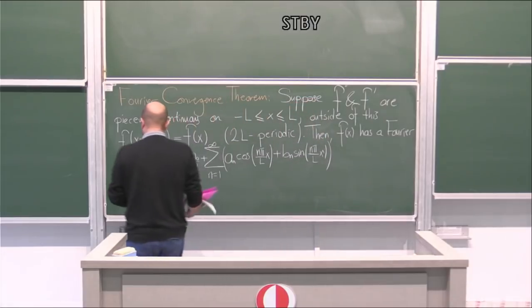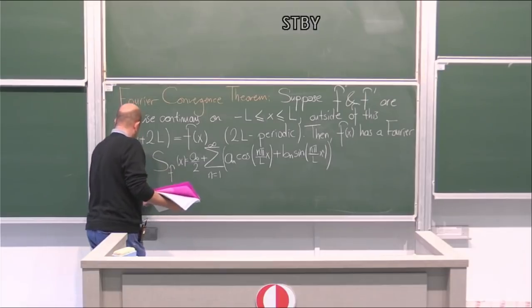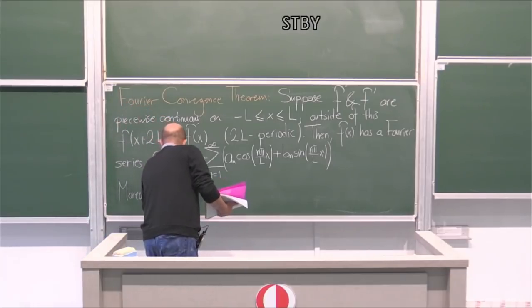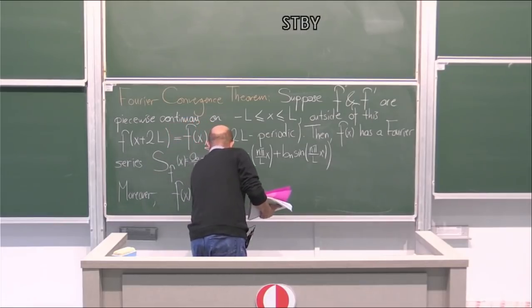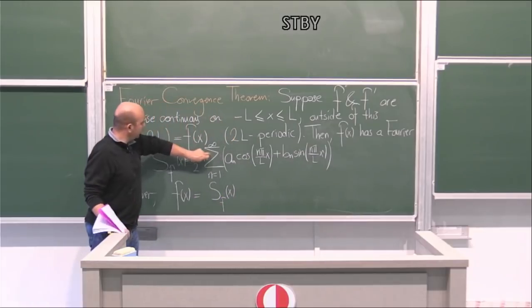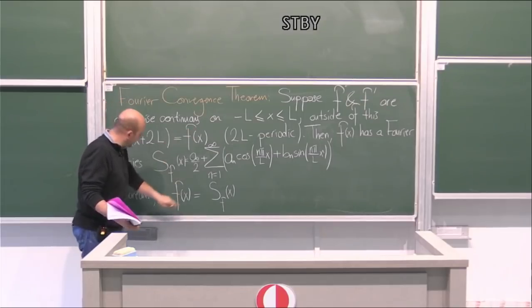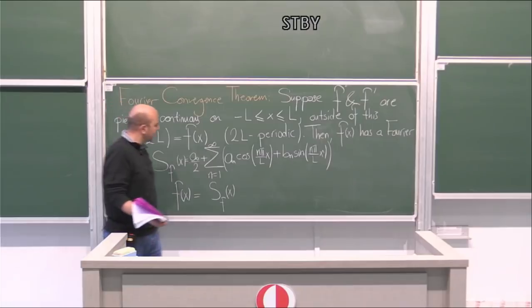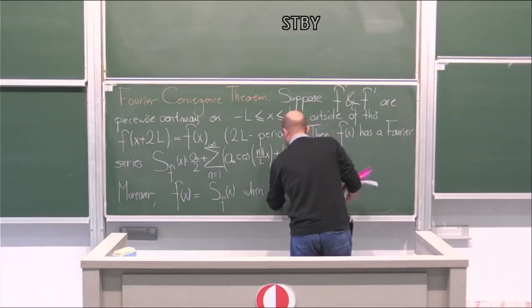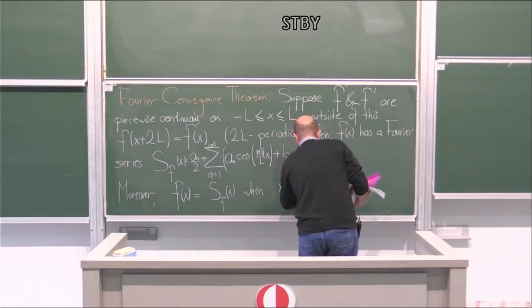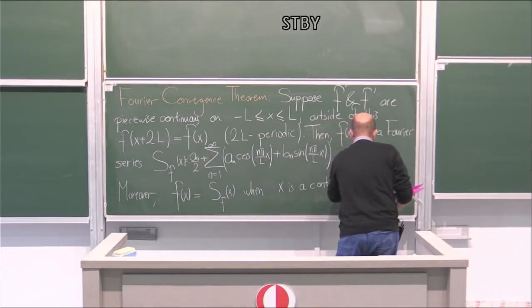Moreover, this is the crucial part. Moreover, f of x is equal to SF of x. So this means the number you will get from the Fourier series is actually the same thing as the number you get from the function, when x is a continuous point.